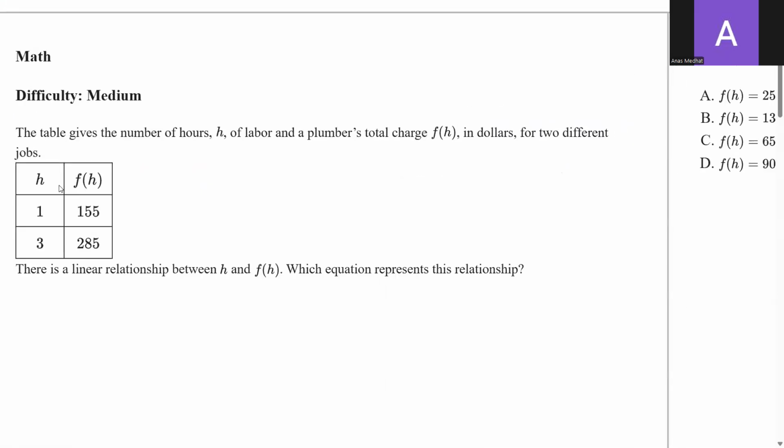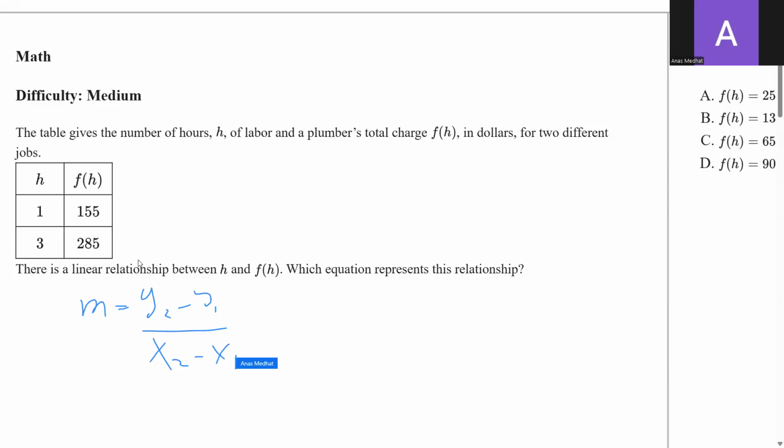The table gives the number of hours of labor and the plumber's total charge in dollars for two different jobs. Okay, there is a linear relationship between h and f of h. Which equation represents this relation? Okay, it also wants the relationship. We'll do the same thing. Always find the slope. Slope is m, y2 minus y1 over x2 minus x1.